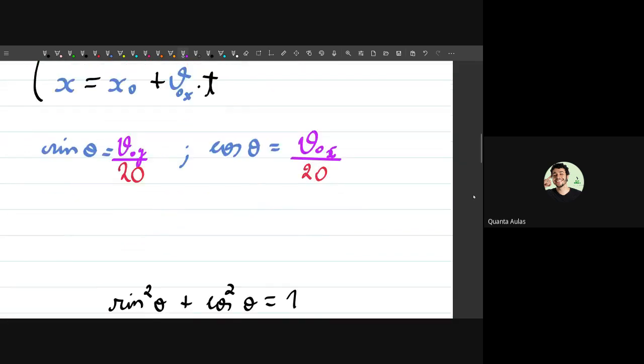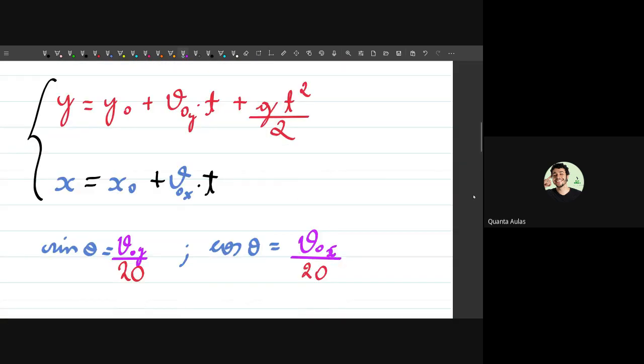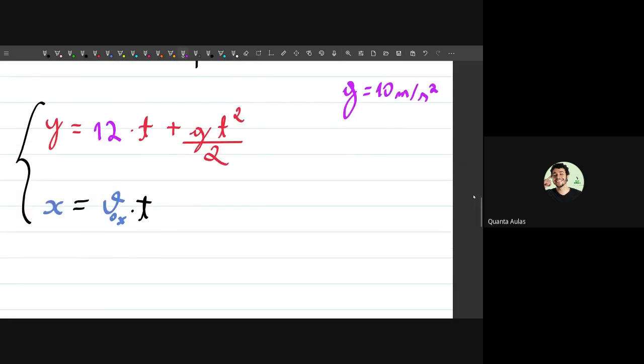Okay, so here we have minus 10. And remember, the gravity is only in the y-axis, because gravity is a vertical force, not a horizontal force.